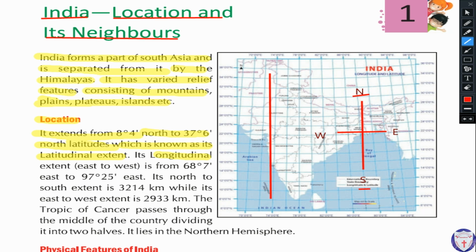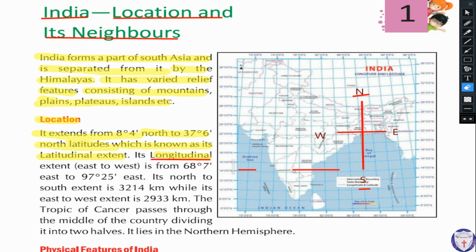Okay students, and next we have longitudinal extent. Longitudinal extent means the extent from east to west or west to east, meaning the horizontal. We know the horizontal.